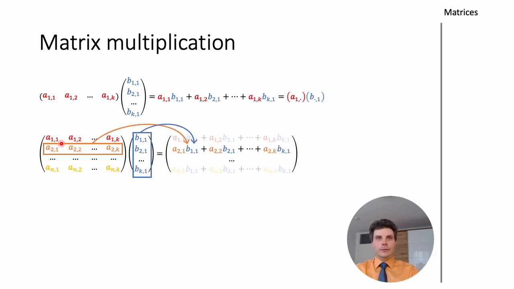We take the first row, multiply it by the column of the second matrix, and write it as the first row of the resulting matrix. We take the second row, highlight it here, multiply it by the only column of the second matrix and write it as the second row of the resulting matrix, and so on.